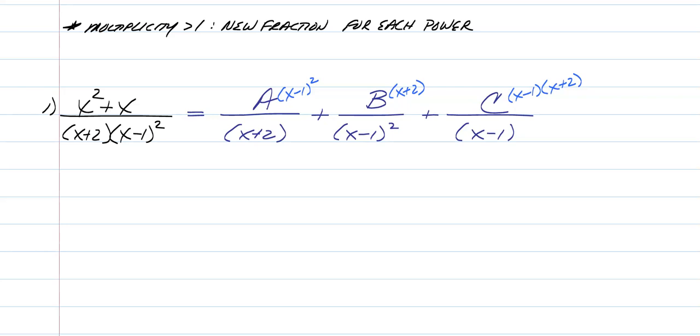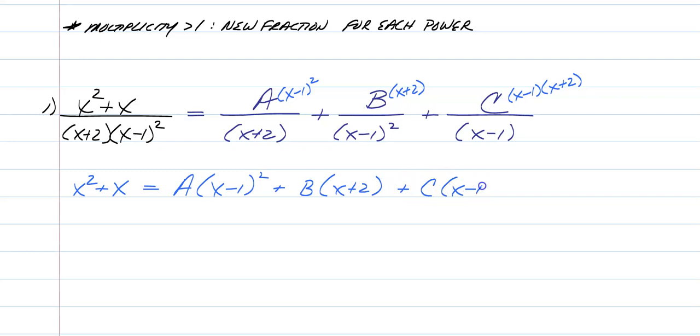So we have x squared plus x is equal to a times x minus 1 squared, plus b times x plus 2, and then c times x minus 1 and x plus 2. Now this next step is just going to fix our parentheses for x minus 1 squared and x minus 1 times x plus 2.